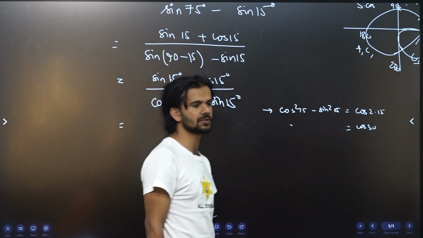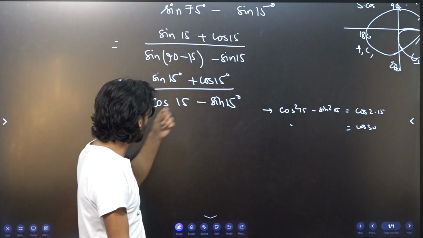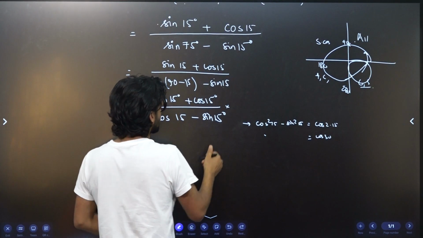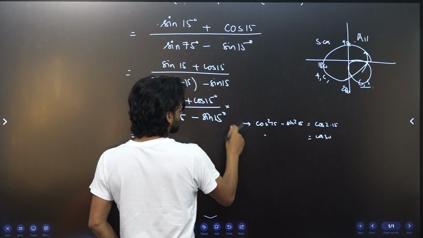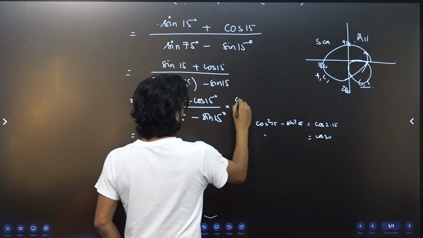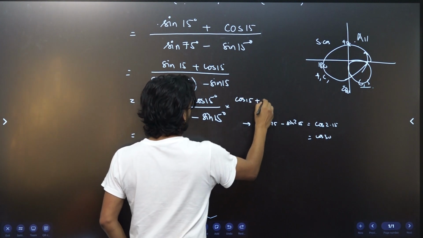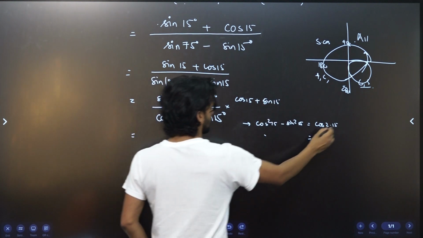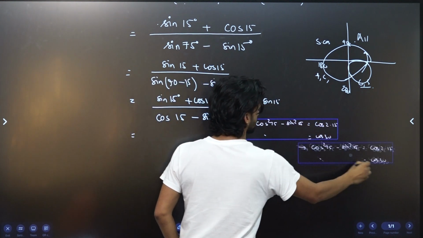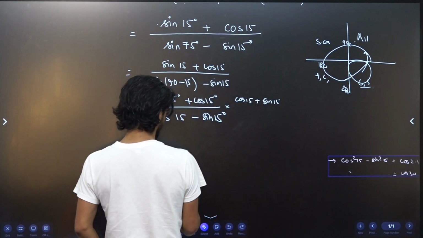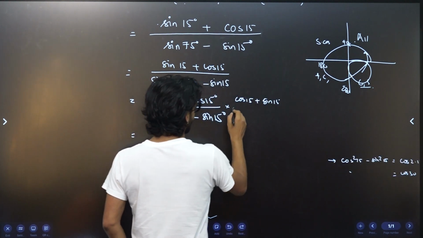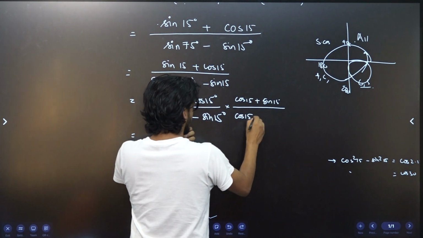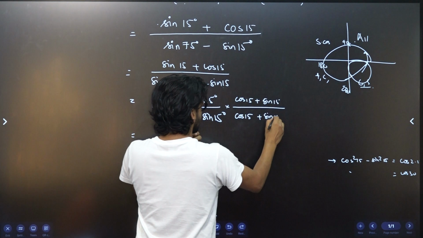We know the value of cos 30 degrees, right? So we multiply here by cos 15 plus sin 15, and also divide by cos 15 plus sin 15.